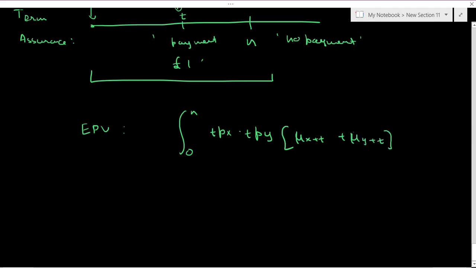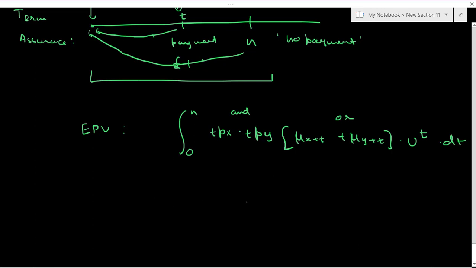I want both of them to survive and then one of them to die. And when this happens, there is a payment, with dt, that is discounted back from time t to time 0, so I've got a v to the power t factor here.